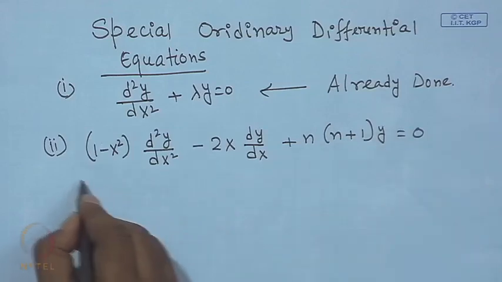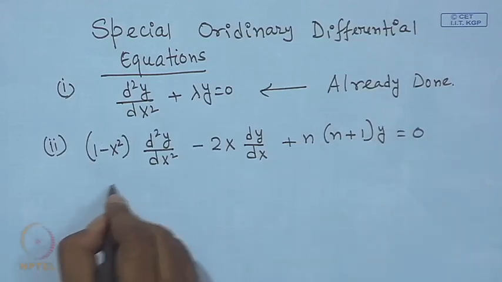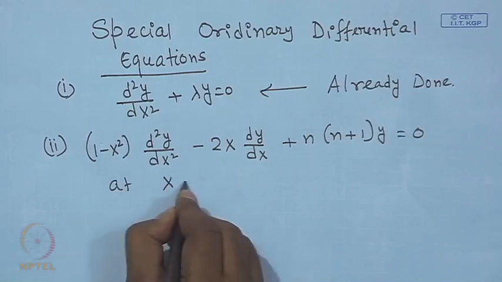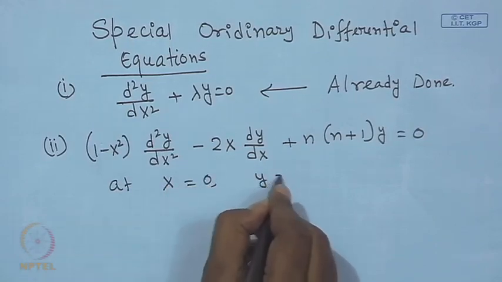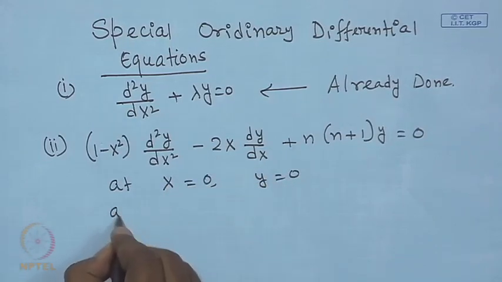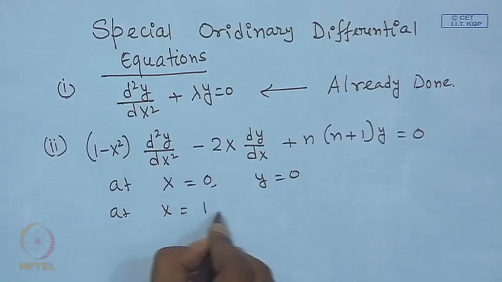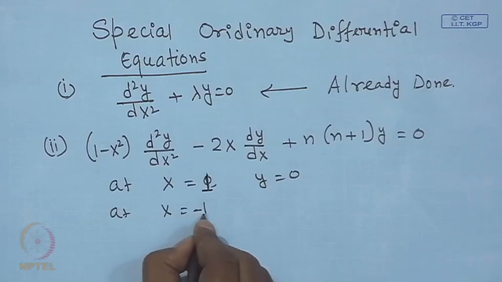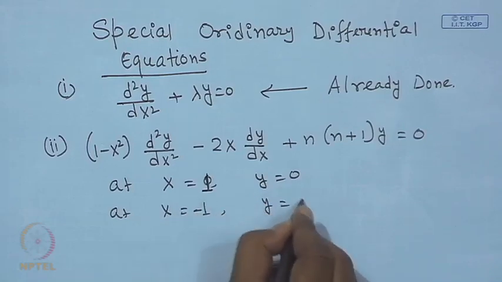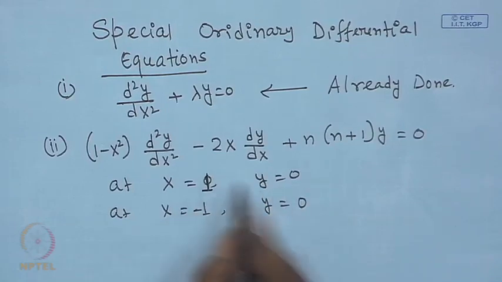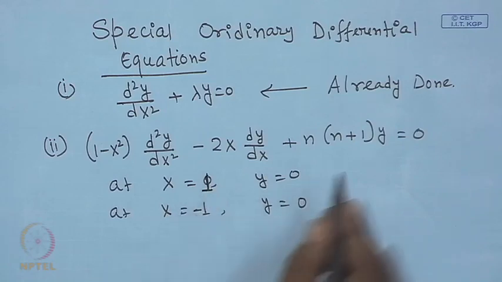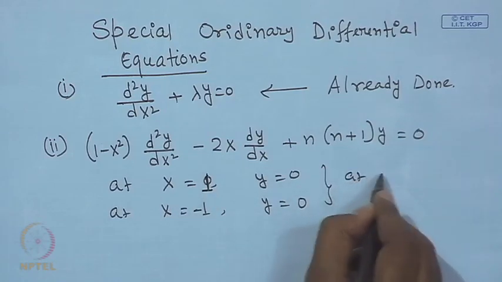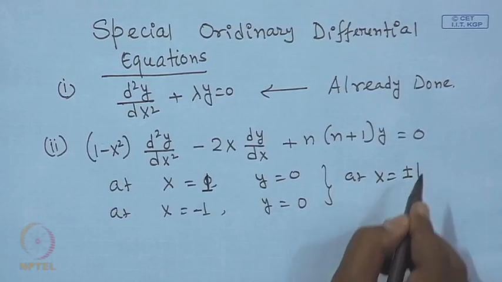The boundary conditions are at x is equal to plus 1, y equal to 0, and x equal to minus 1, y is also equal to 0. So, this is basically at x is equal to plus minus 1.